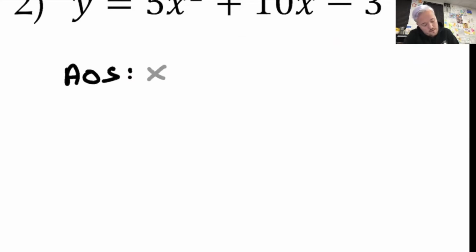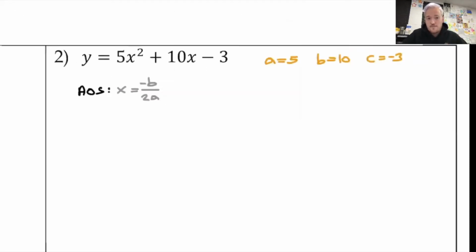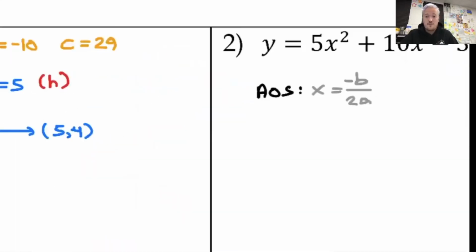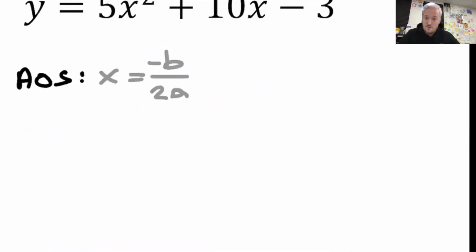To find that, we're using the opposite of B over 2A. I'm going to pause right here. One thing I do recommend is writing out the formula every time. The more you write the formula, the more likely you are to remember it and have it memorized. So I would highly recommend writing out the formula every time you use it, just to solidify what you're learning.